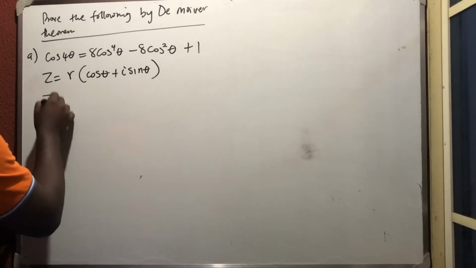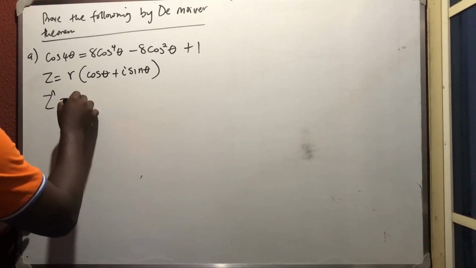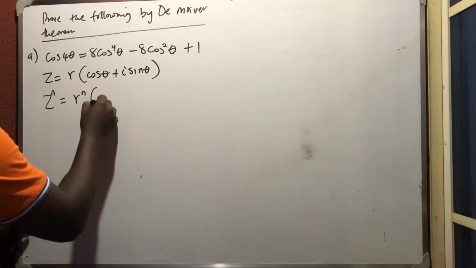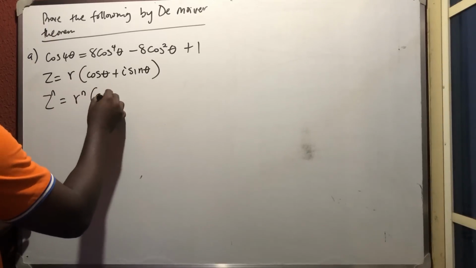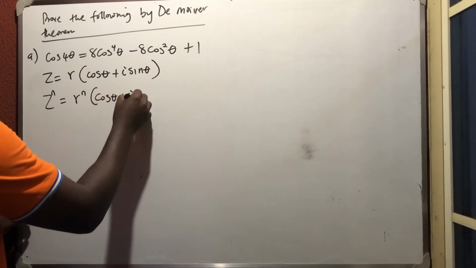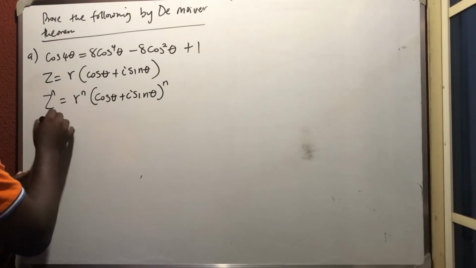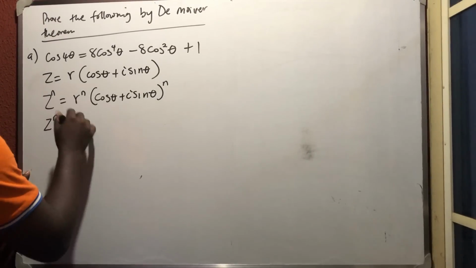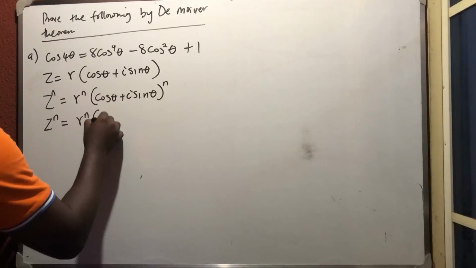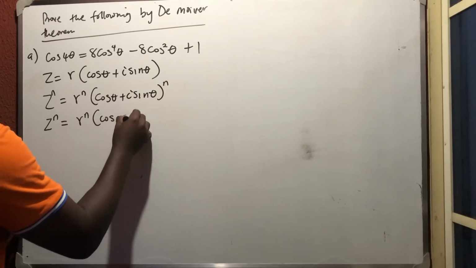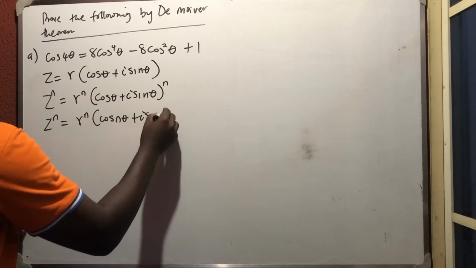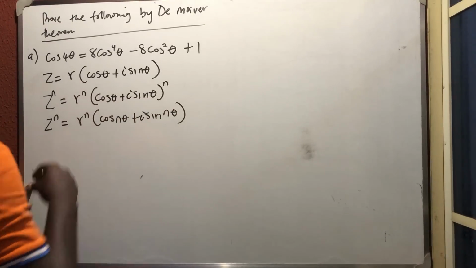Okay, so then z raised to power n, they say that is equal to r raised to power n in bracket of what? Cos theta plus I sine theta, all raised to power n. And he said that z raised to power n is equal to r raised to power n in bracket of cos n theta plus I sine n theta. Okay, that's what he told us.